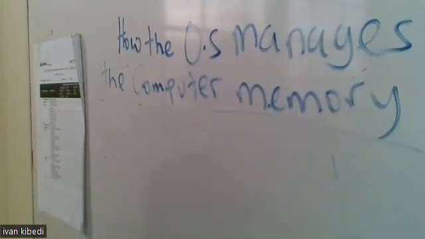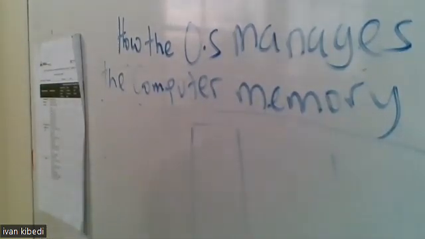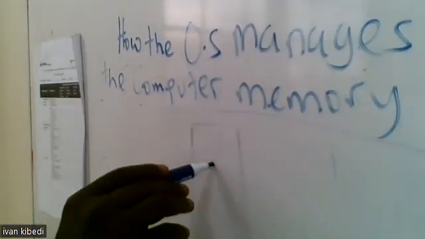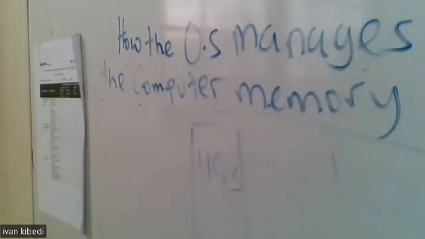Now, the computer memory has a fixed size. For example, it can be like 4 GB. So if it has got a fixed size, for example here, assuming our memory has got a fixed size of 4 GB, and then we're having instructions and data that need to be put in that memory.